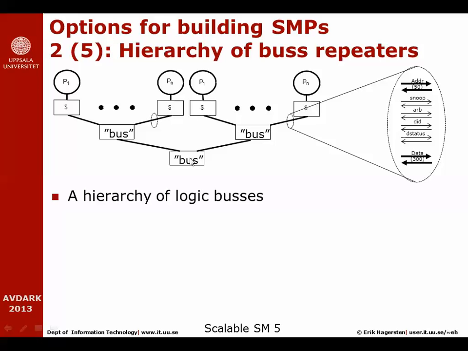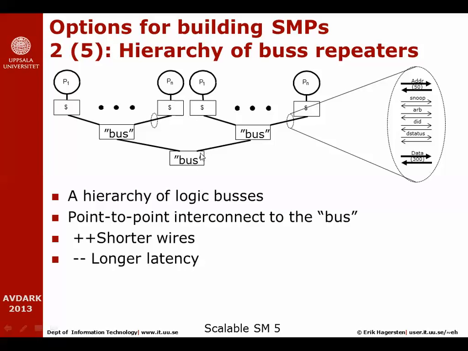So we're still going to have the same kind of snoopy property, even though there are many point-to-point wires implementing our broadcast network. Short wires, that's a big plus, but now the latency is even longer, so we have to wait until our transaction, the hero, makes it up to the top bus, and it's declared that it's the winner of that bus.